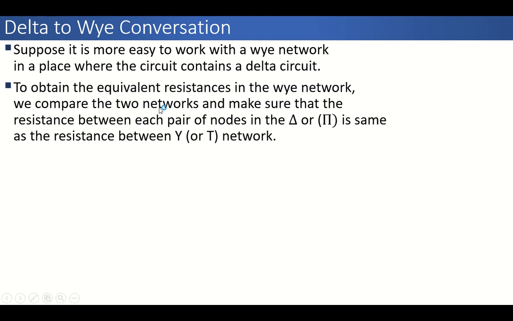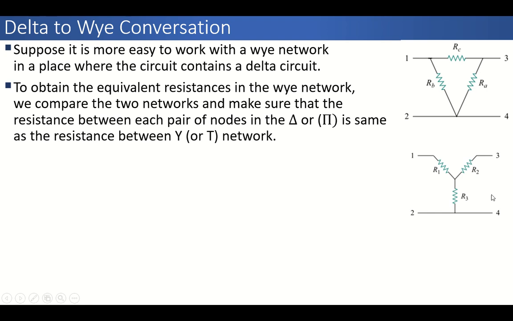To obtain the equivalent resistances in the Y network, we compare the two networks and make sure that the resistance between each pair of nodes in the delta or pi is the same as the resistance in the Y or T network. Let's suppose we have this delta network, and we want to convert it into its equivalent Y network. These two networks will be equivalent if the resistance between terminals 1 and 3 in the delta network is the same as the resistance between terminals 1 and 3 in the Y network.